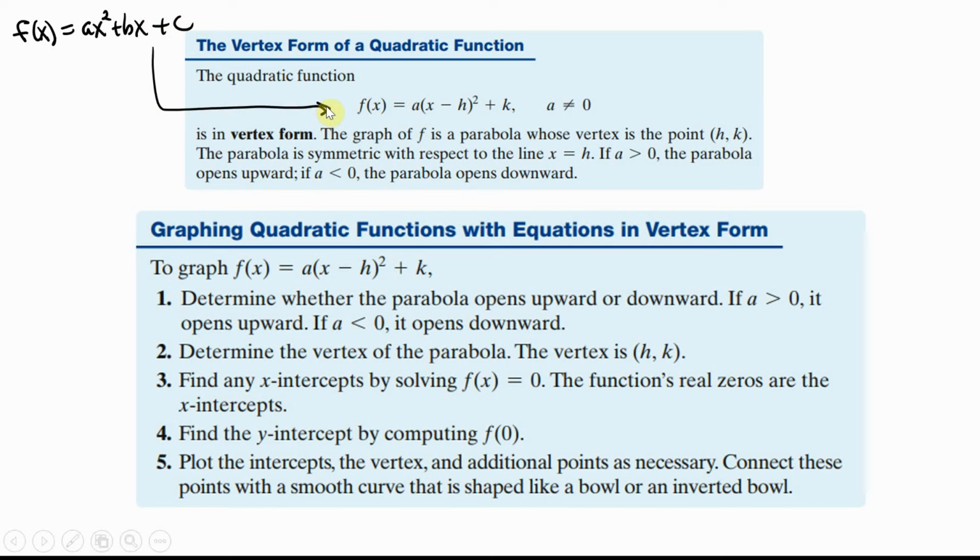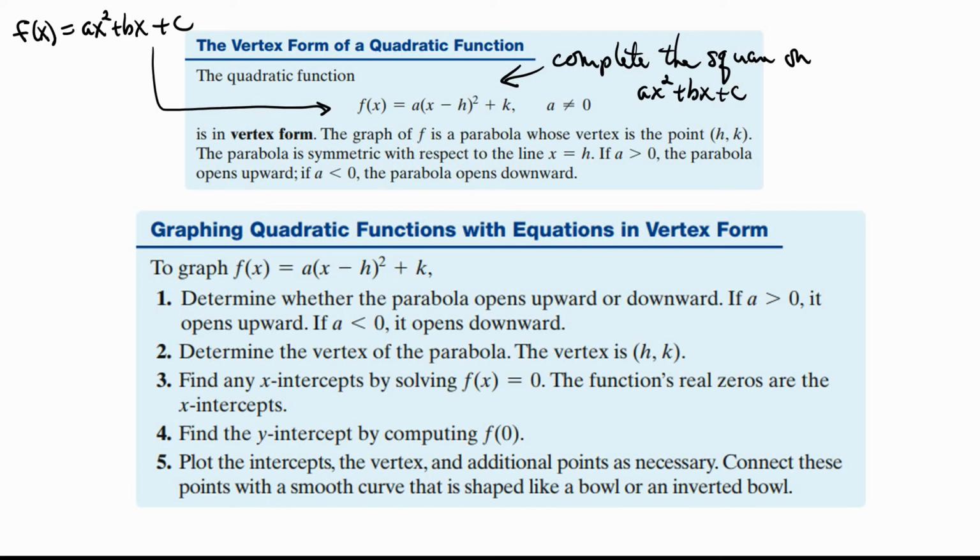Now, how did they do that? They got this form by completing the square. Complete the square on ax squared plus bx plus c, and you get what you want.